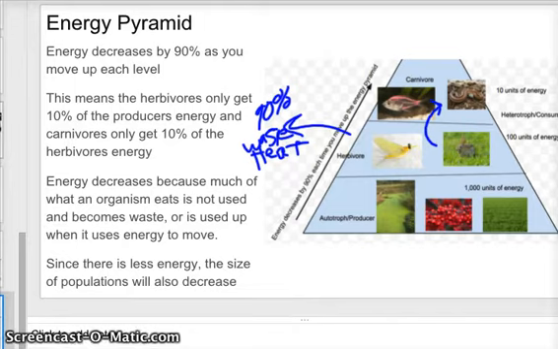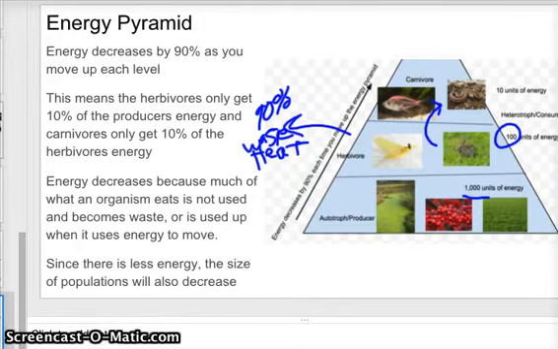So if the plants have 1,000 units of energy, you take 10% of that, 100 units. So the rabbit only gets 100 units of the 1,000 units of energy because it lost 90% and only kept 10%. To take 10%, you just take away a zero. And then the same thing happens when you go to carnivores.